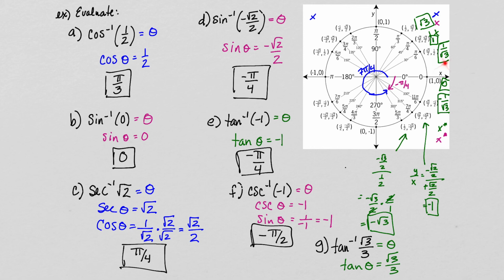Remember that 1 over root 3, if I rationalize this, multiply top and bottom by root 3 over root 3, this would turn into root 3 over 3. So the answer is going to be pi over 6. Questions?